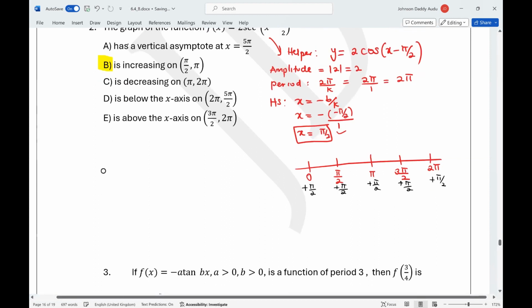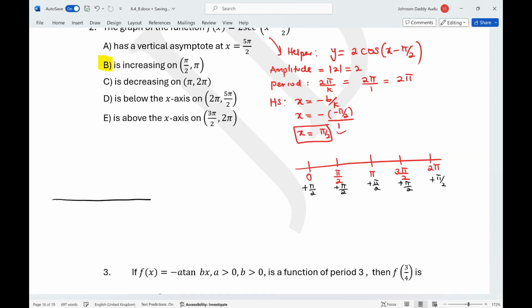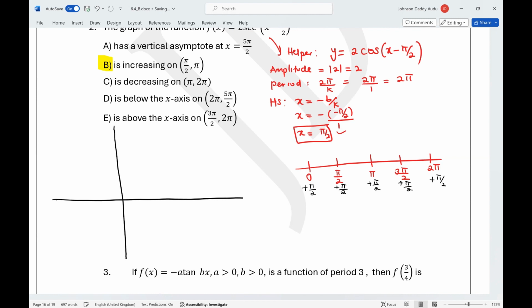now let's come here and plot the graph. It means we will work with what? From pi over 2. And this is going to be pi, right?